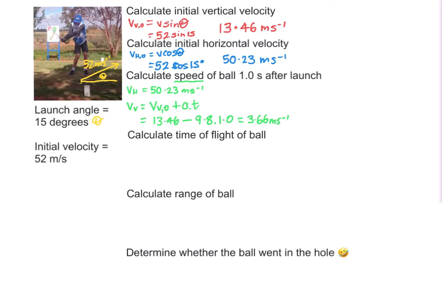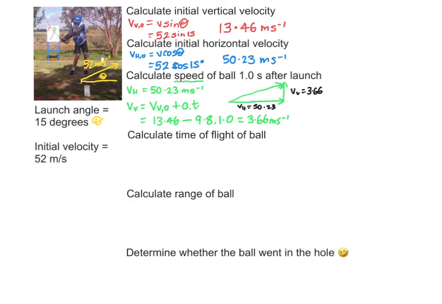So then, to work out the total velocity, we need to add those two things back together. So we have got, let's draw it here, I might just use this different colour here, VH equals 50.23, VV will equal 3.66. We add them together vectorially.